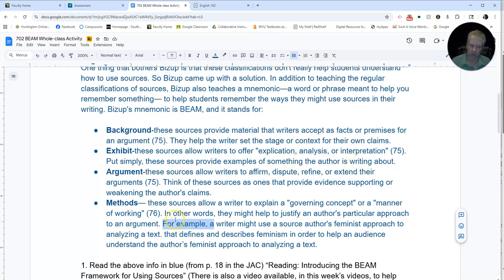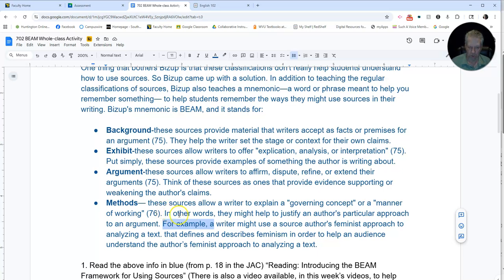Now, the one that's the trickiest is methods, because methods doesn't really work the same way as these three. These three are all about the source and the argument, whereas the method source allows you to explain some sort of governing concept from which your writing is coming, or a manner of working. In other words, your approach to what you're writing about.